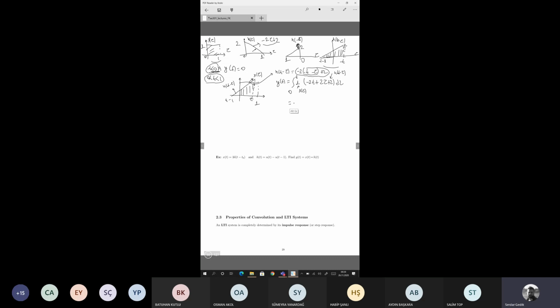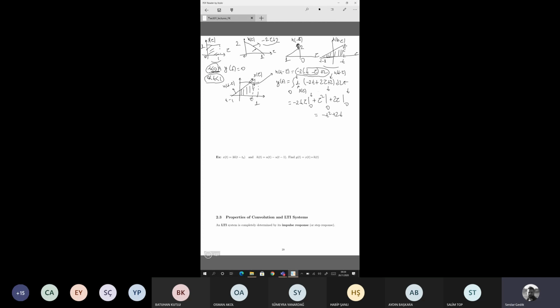y of t is simply minus 2 t tau from 0 to t plus tau squared from 0 to t plus 2 tau from 0 to t. If you evaluate terms, this is simply minus t squared plus 2t. So I'm integrating with respect to tau here.